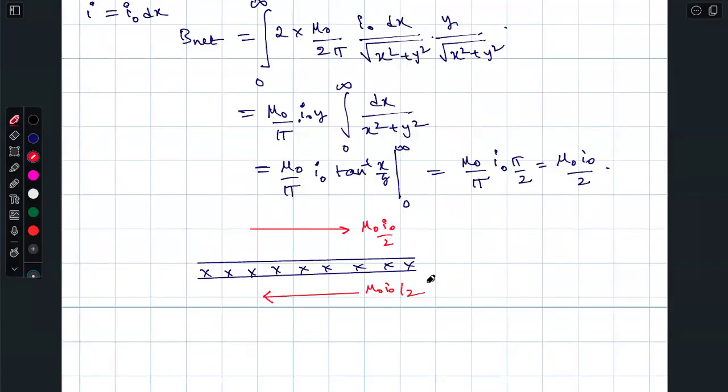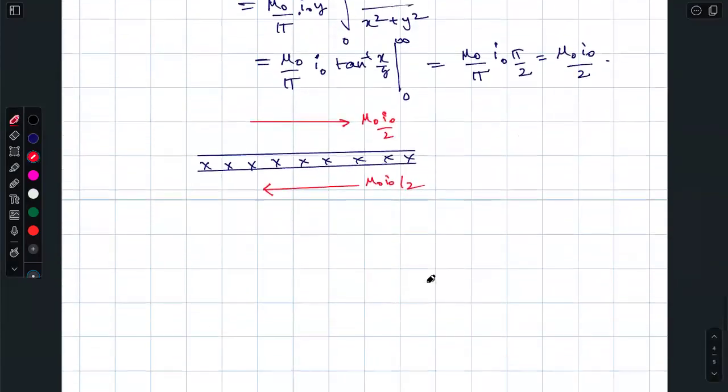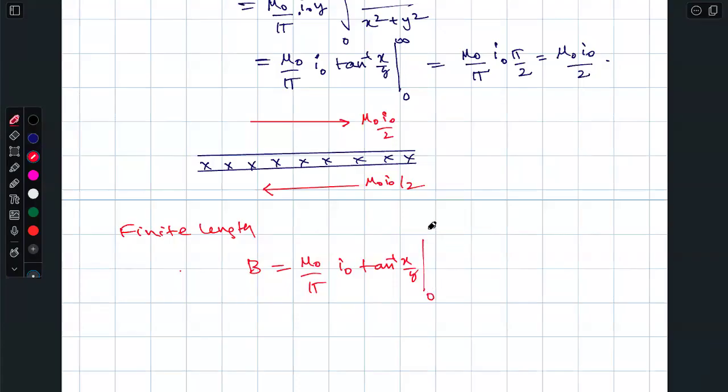Suppose instead of infinite, if it is a finite length, so you will do the limit modification as mu naught by pi I naught tan inverse x by y, x is equal to 0 to y is equal to L by 2.